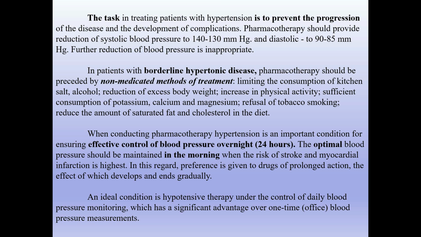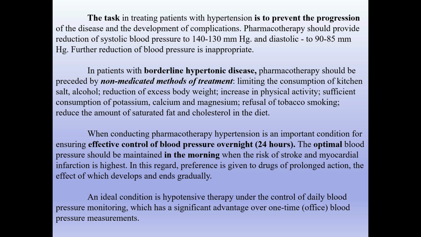The task in treating patients with hypertension is to prevent the progression of the disease and the development of complications. Pharmacotherapy should provide reduction of systolic blood pressure to 140-130 and diastolic to 90-85. Further reduction of blood pressure is inappropriate.